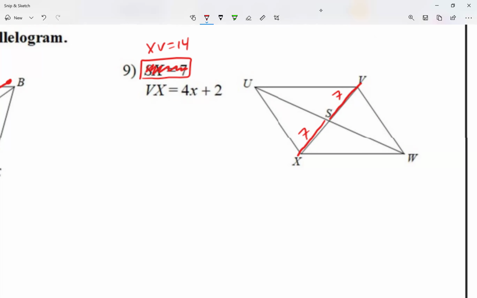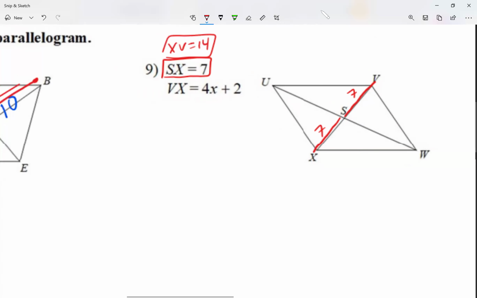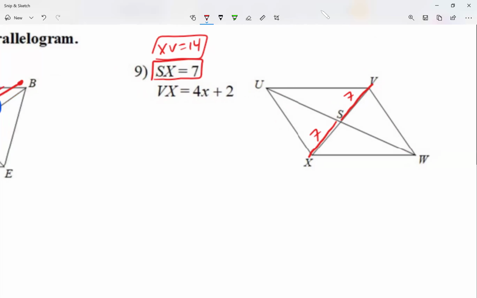SX equals 7 is the same thing as XV equals 14. What I'm trying to say is that in some of your homework, I might give you the information that gives you half of the diagonal. In some cases I'm going to give you the whole diagonal, and I expect you to cut it in half. Now let me take a look at the segment that we have here in numbers and letters.